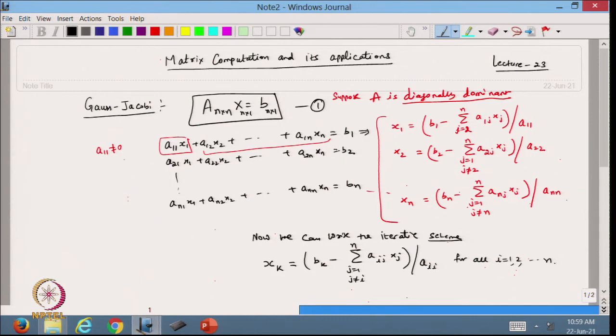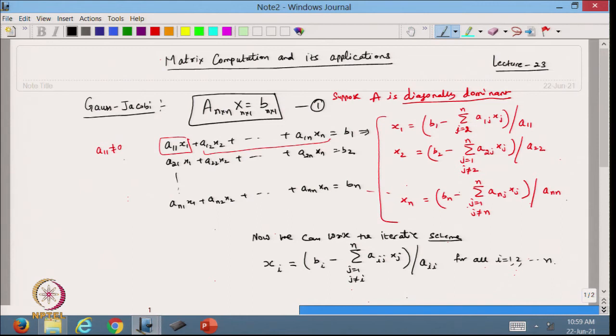So, this one I am writing, or maybe I can write this as, because I am writing I, I should write here I only, not k. So, I will write I. So, my x I is equal to b I minus this part where j is not equal to I. So, this is the corresponding system. This system I have written with the single equation.